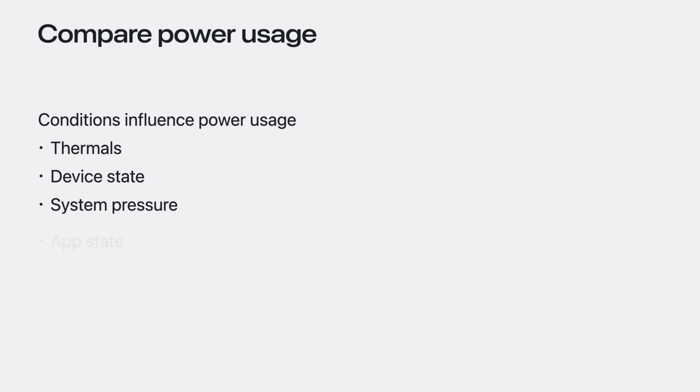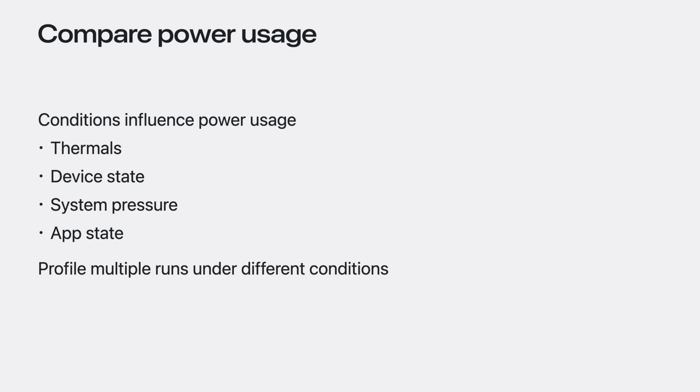This also includes your app state, like how much data it manages, preferences turned on, or features enabled. To account for these variables, you can, for example, capture multiple runs of each approach under various conditions and average the results. Then use that data to inform your decisions regarding features and implementations, ultimately optimizing your app for the best experience.